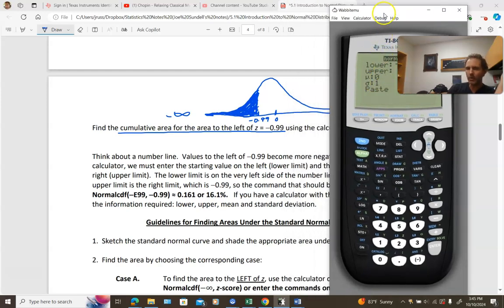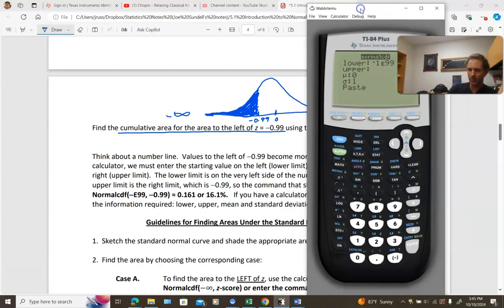Anytime we're working with the standard normal table, the mean and the standard deviation will always be 0 and 1. Now, if we're working with a raw distribution itself, then the mean and the standard deviation will just depend on that distribution, unless we've standardized it.